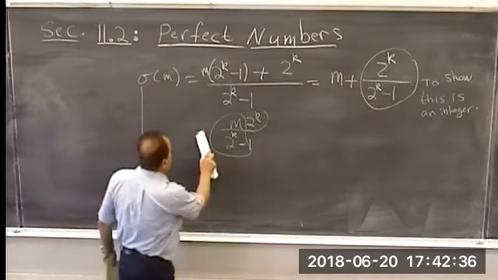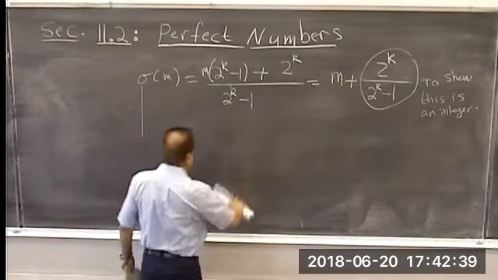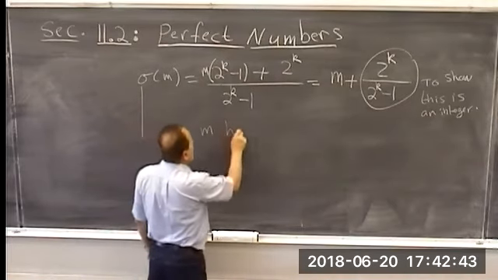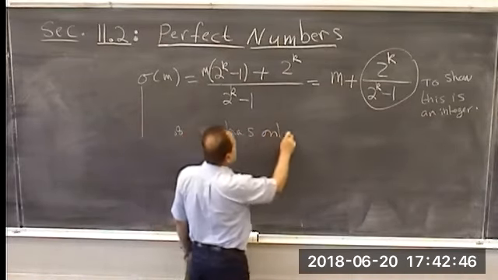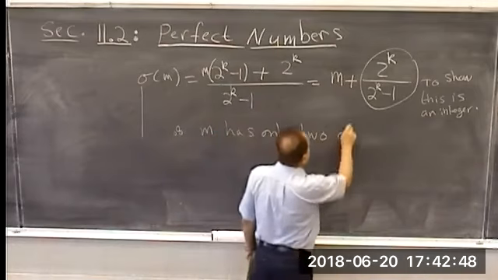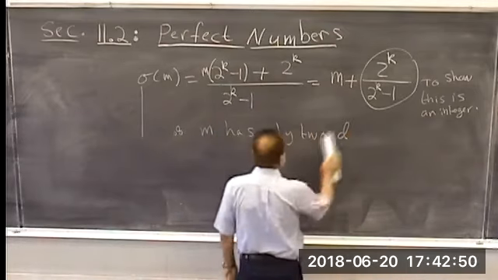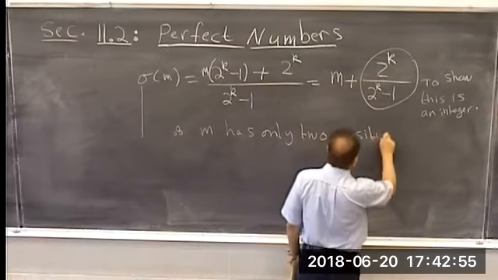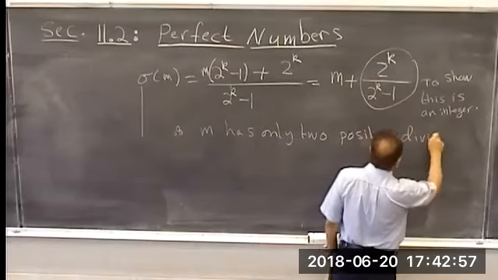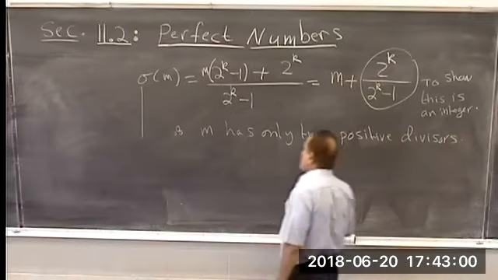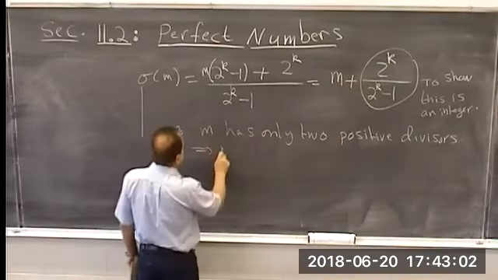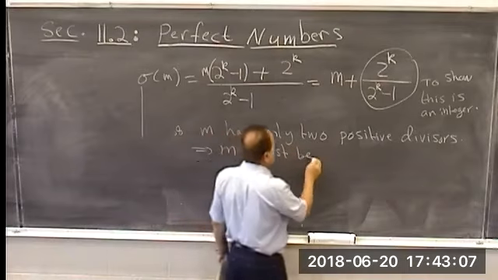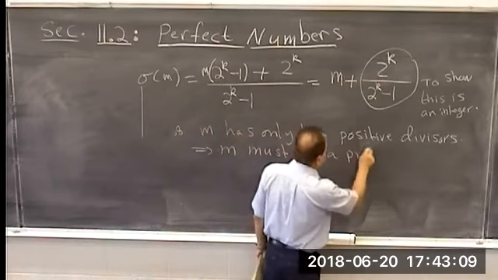Therefore, m has only 2 positive divisors. This implies m must be a prime.